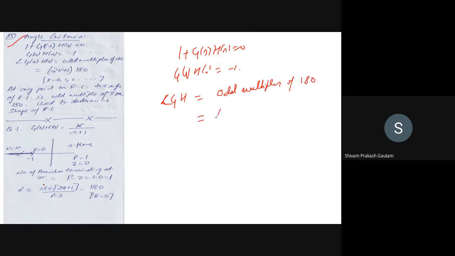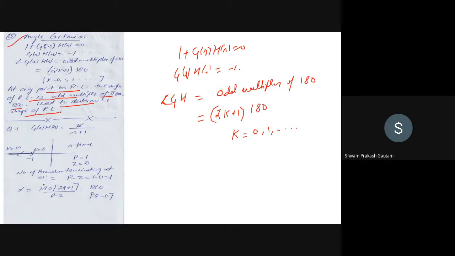That will be equal to (2k plus 1) into 180 degree, and the value of k will be ranging from 0, 1 to infinite, right? That means at any point on the root locus, the angle of the root locus is an odd multiple of pi or 180 degree. It is used to determine the shape of the root locus, right?